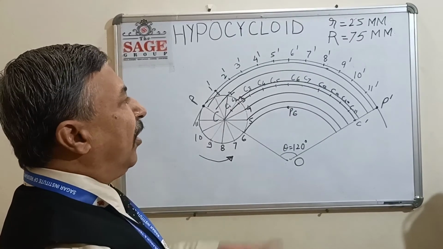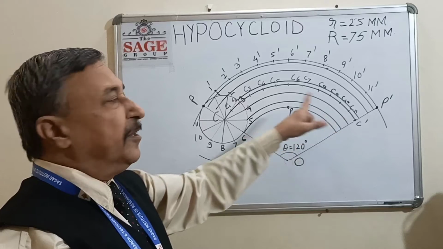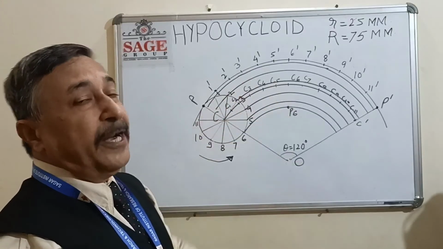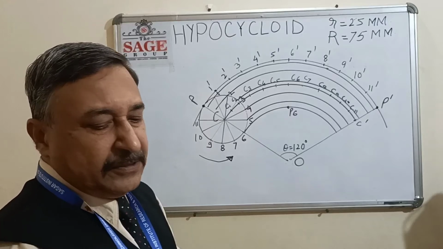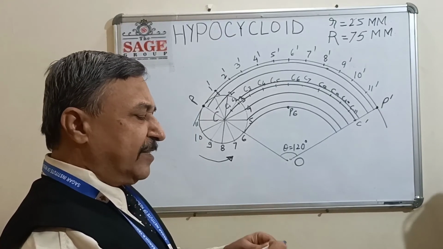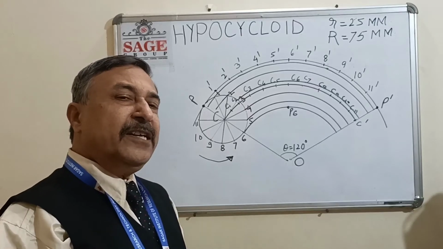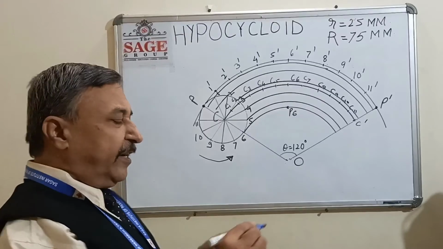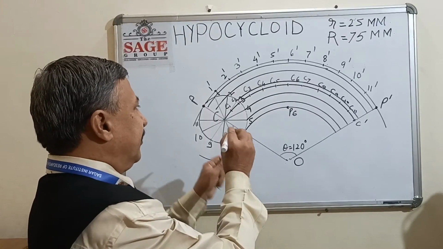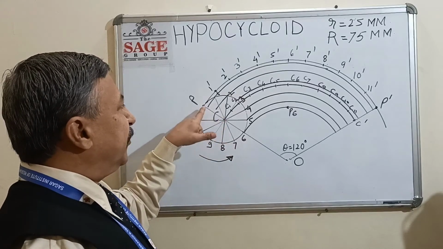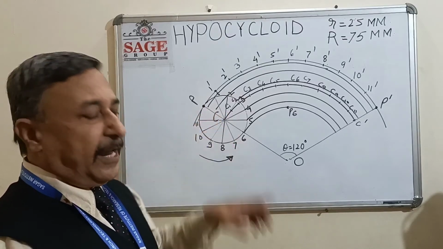Now on these curved paths, we have to find the different points P. Now I am going to draw the different points P. As you know, the construction is almost the same in epicycloid and hypocycloid. So with center C, the distance of C to P is always small r.